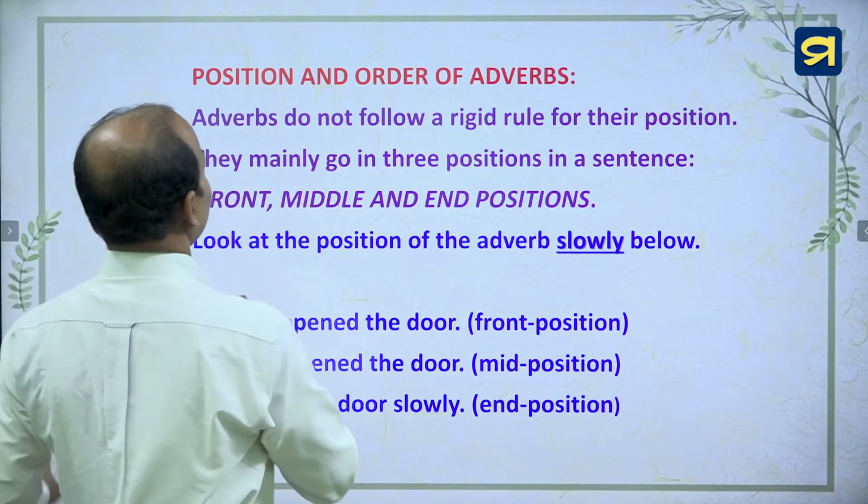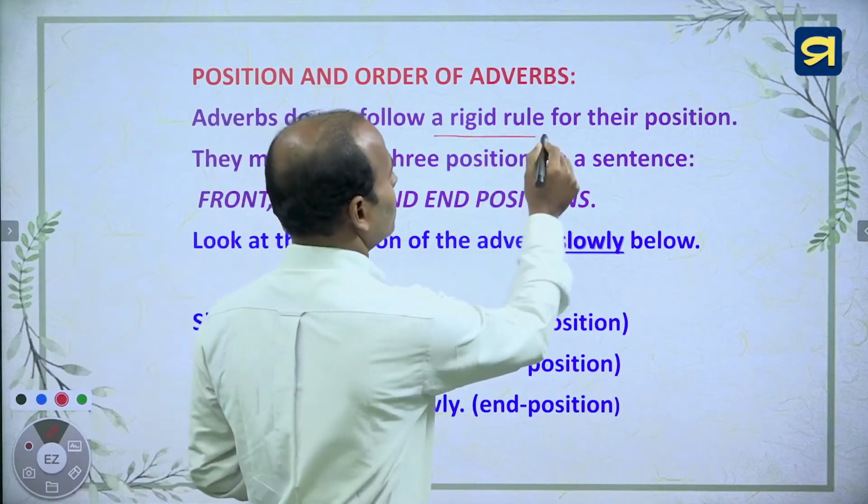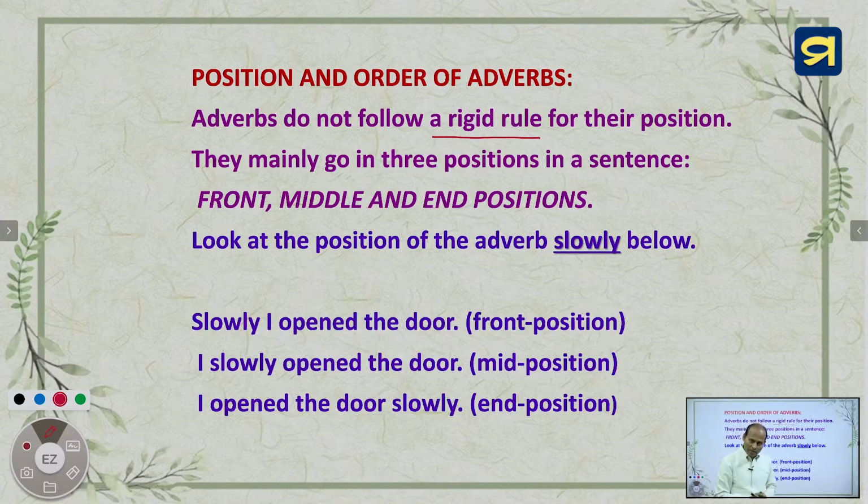Adverbs do not follow a rigid rule for their position. You know it very well. They mainly go in 3 positions in the sentence. What are the 3 positions? Can you say? Very good. They are front, mid, and end positions. Look at the position of the adverb slowly below. Slowly I opened the door. You will see that slowly is in the front position, in the beginning of the sentence.